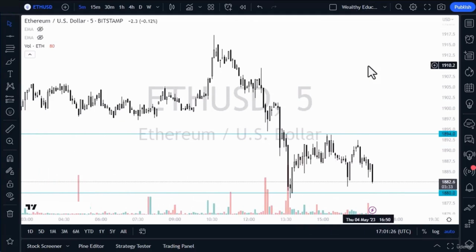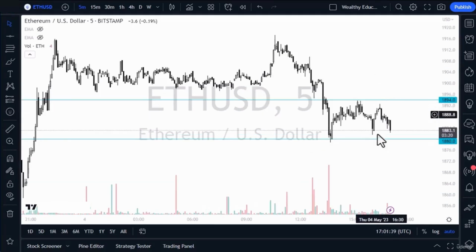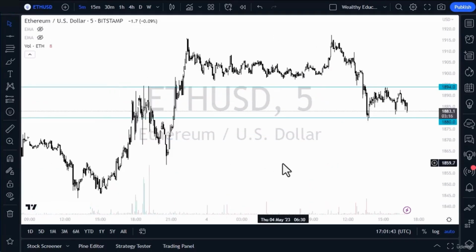So now we've got a situation where we have a couple of clear areas of the market being supported and the market being resistant. It resists going above and there's support underneath, as we had discussed in the last video. And so here's the thing. How do you approach this?